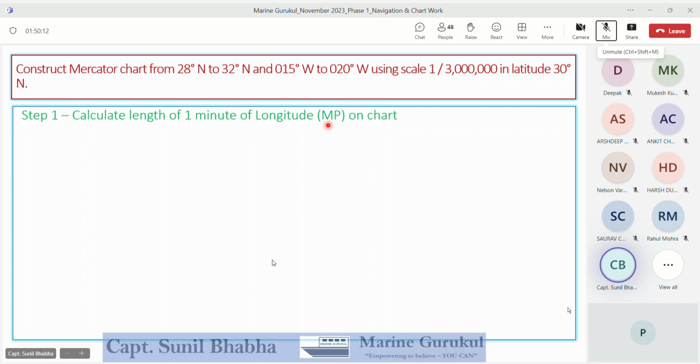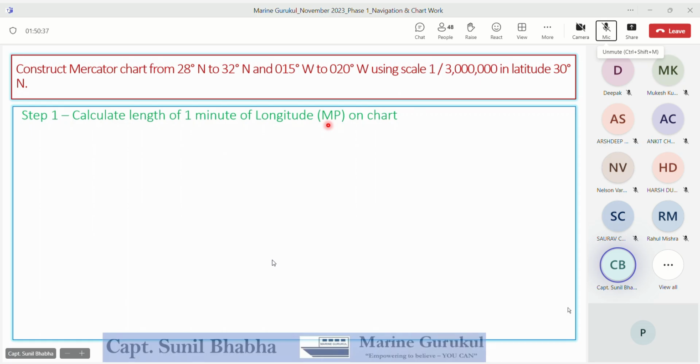Now, why are we calculating 1 minute of longitude? We are calculating 1 minute of longitude because it forms the basic building block of our chart. We have just now seen that the longitude scale, or the length of 1 minute of longitude, remains constant throughout the chart. Whichever part you go, the length of 1 minute of longitude is going to remain the same.